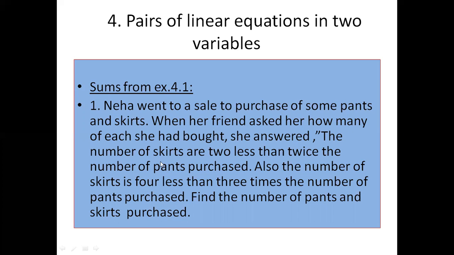So x is equal to 2y minus 2, which is the first equation. The second one: the number of skirts, that means x, is equal to 4 less than 3 times the number of pants. The number of pants we assumed as y, so 3 times means 3y, 4 less than means minus 4. So x is equal to 3y minus 4.